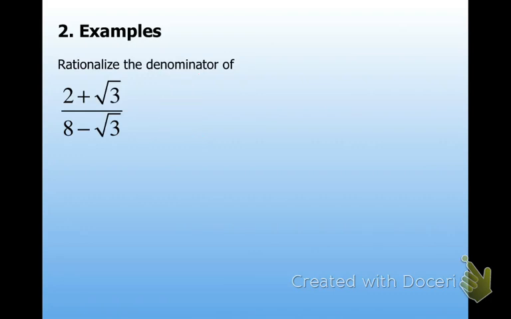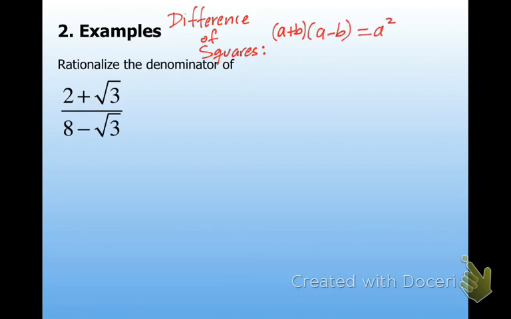Let's remember algebra, and let's remember what you know as difference of squares. Remember difference of squares? If you had a plus b multiplied by a minus b, you got a squared minus b squared.